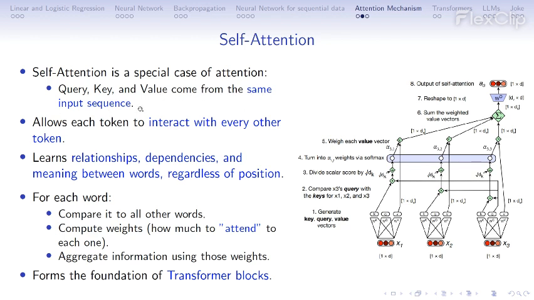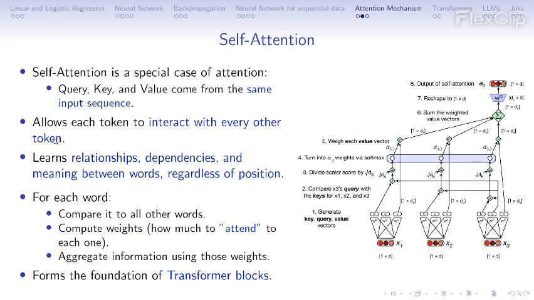For example, the earlier sentence about the chicken, you can take it as a sequence, and the same sequence will be used as query, key, and value, and allow each token to interact with every other token.